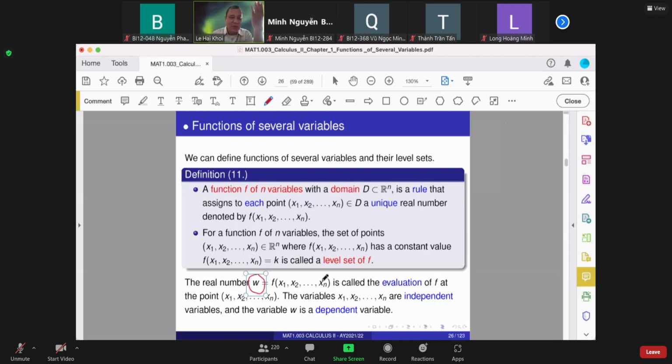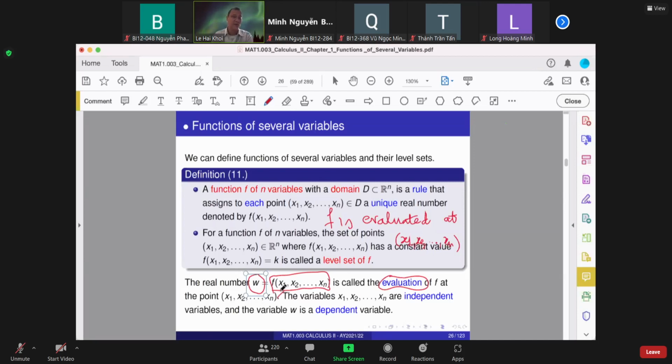And as you already noticed, when I say f is evaluated at a point (x1, x2, ..., xn), it means that you compute this value, and the value w is called the evaluation of f at that point.